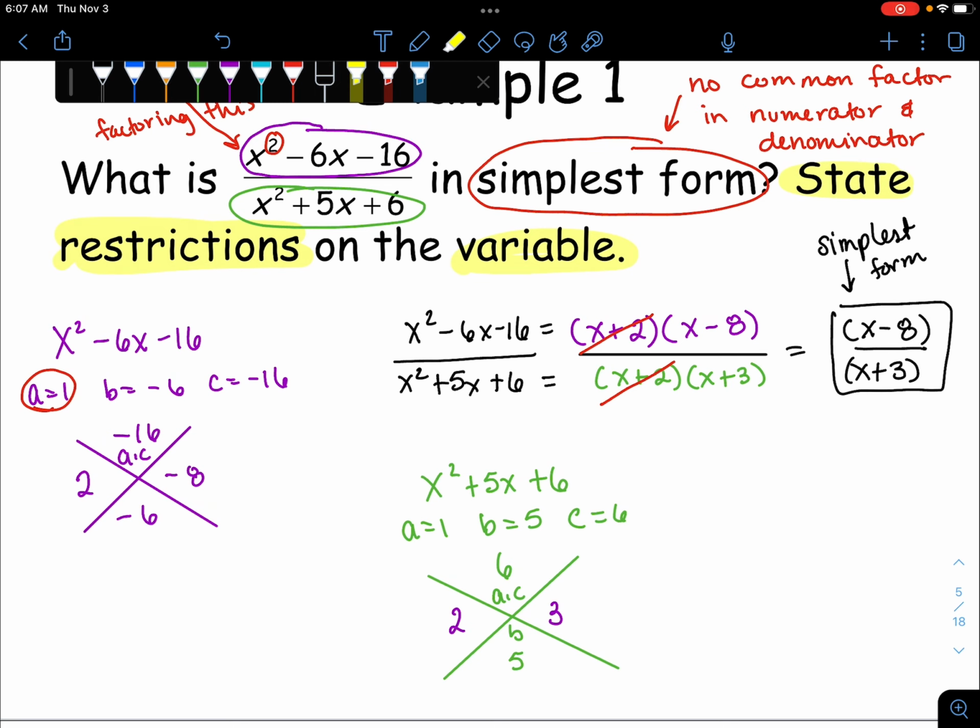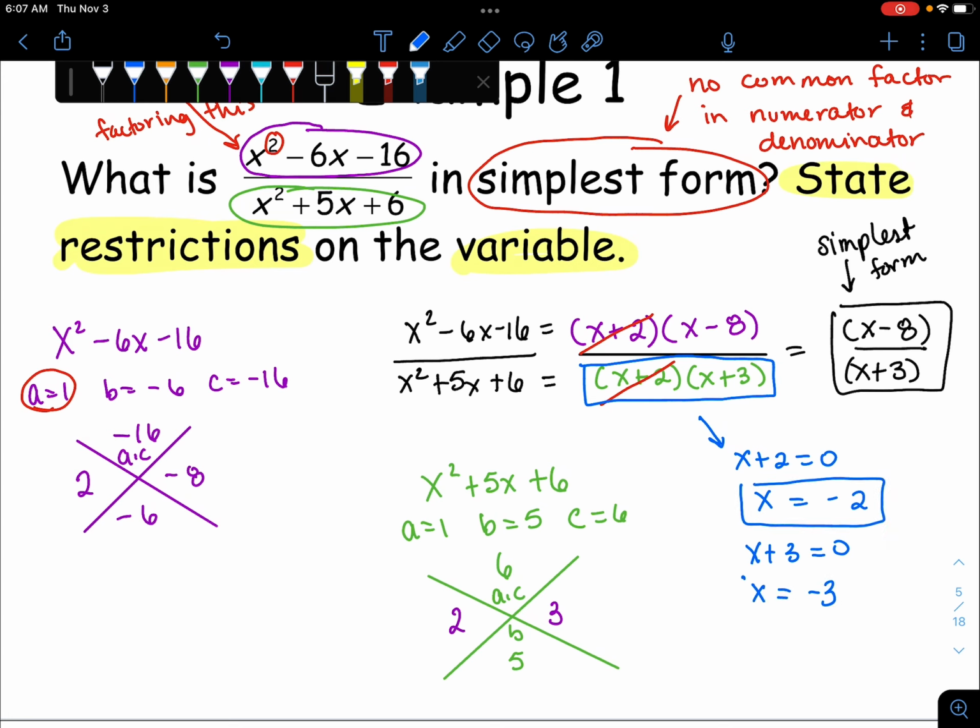And the next question is asking, state the restrictions on the variable. This just means that whatever you had here, you would set them both equal to 0. So x equals negative 2. X plus 3 equals 0. That's x equals negative 3.